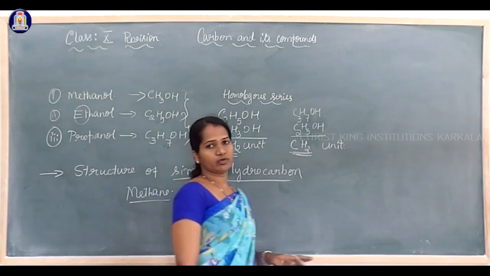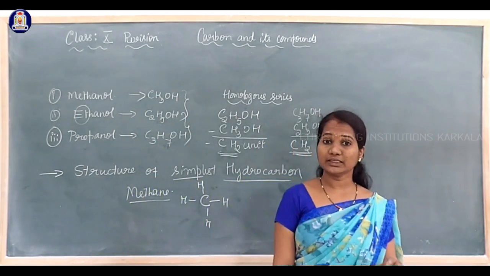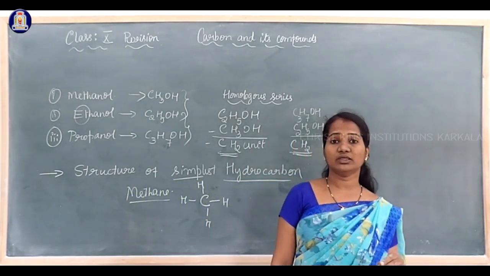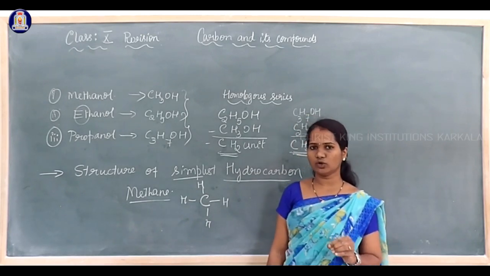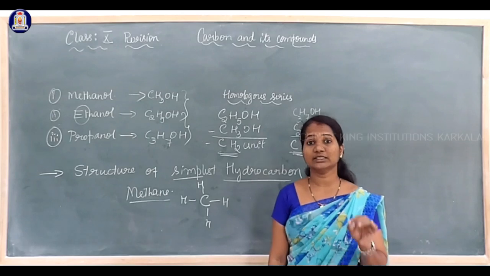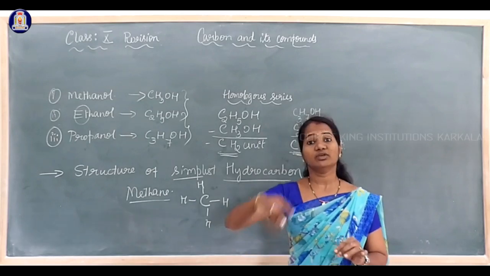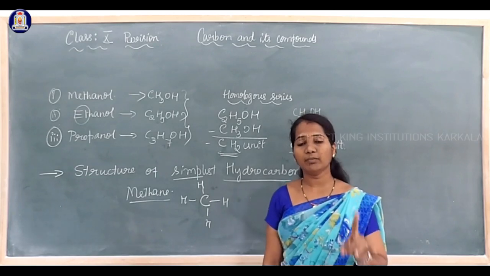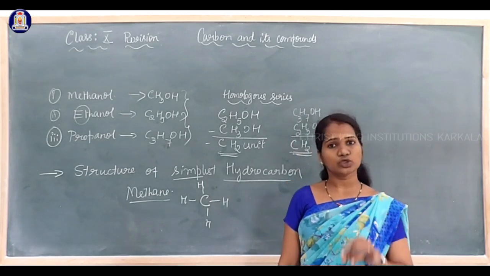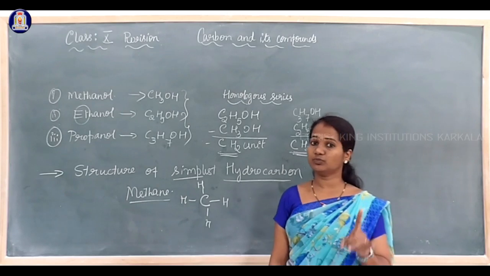Suppose you get the question: name the simplest hydrocarbon which forms isomers. The first member or first compound which shows isomerism is butane.